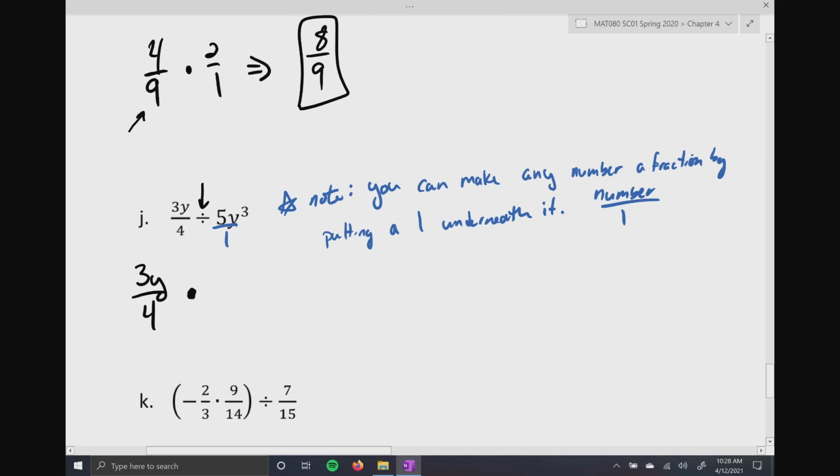So if I need to multiply by the reciprocal of 5y to the third over 1, well, the reciprocal of 5y to the third over 1 is 1 over 5y to the third.